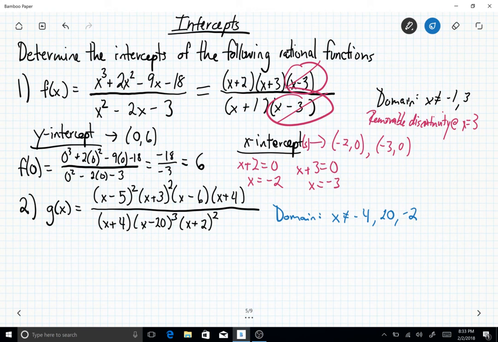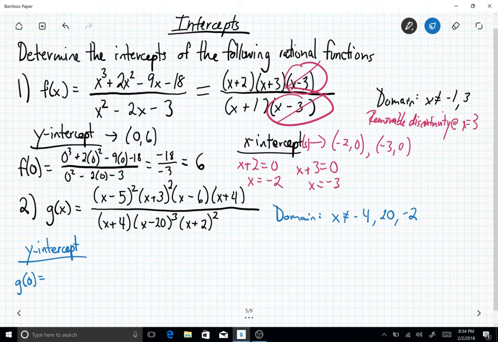So in terms of what happens from here now, we have the domain, and now we need the y-intercept. This is actually going to be a bit of a pain. It's not going to be a pretty number. Remember, I said we have to watch out for the constants. So if you plug in g of 0, if you want to see me write 0 minus 5 the quantity squared and 0 plus 3 the quantity squared, so on and so forth, I can.